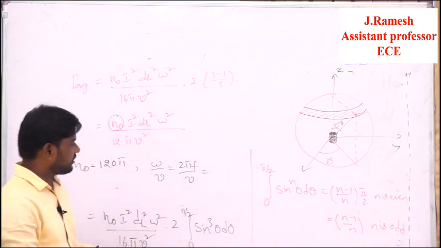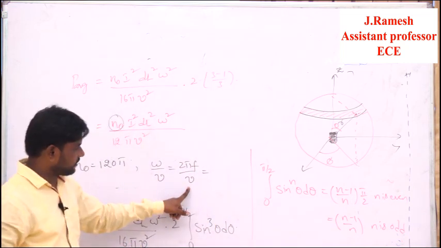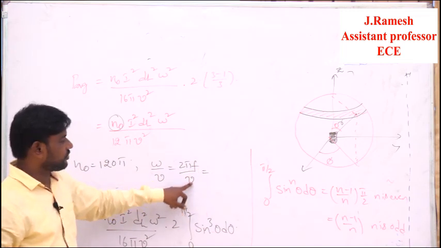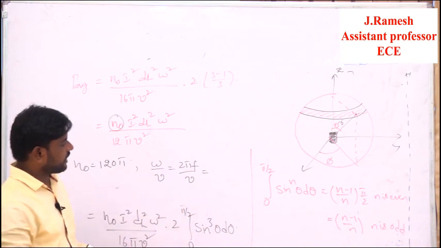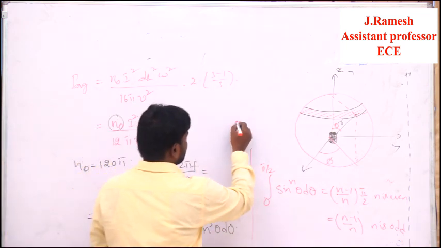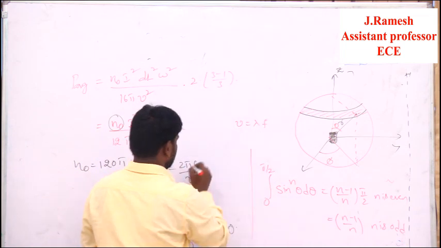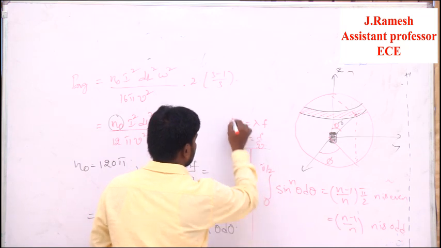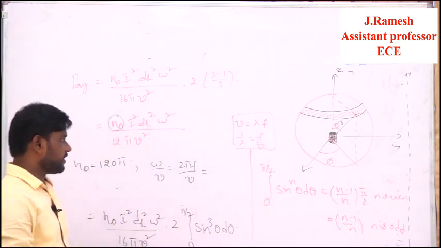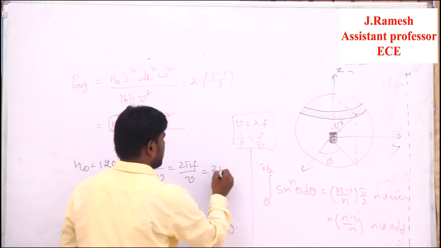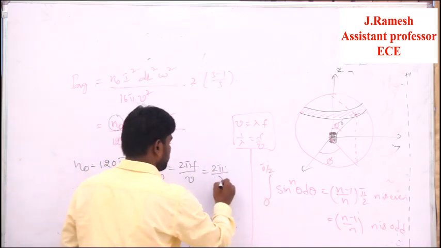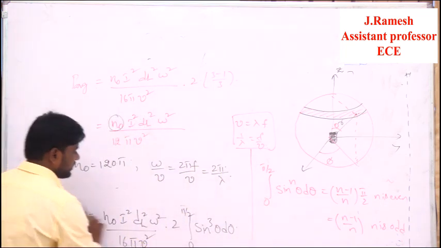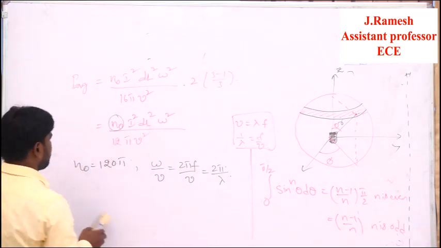And we already know that f by v, where f is frequency and v is velocity, c is equal to λf. So v is equal to λ into f, but I need f by v only. So 1 by λ is equal to f by v. So here I can write 2π into f by v is equal to 2π by λ. I am again just substituting in this to get my simplified form.